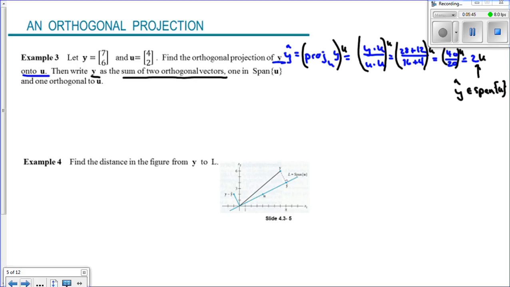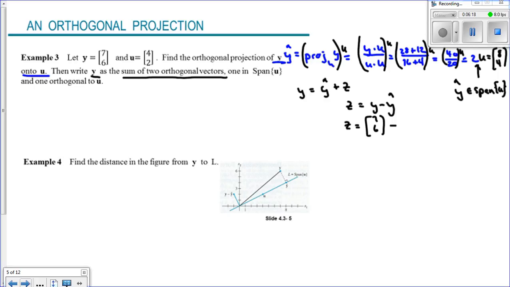So now we want to find one orthogonal to it. Well, we know that y is equal to y hat plus some z vector. Z will then just be equal to y minus y hat. So z, which will be the one orthogonal to u, will be (7, 6) minus y hat. Now y hat was twice u, which if I took one step further, is just (8, 4).